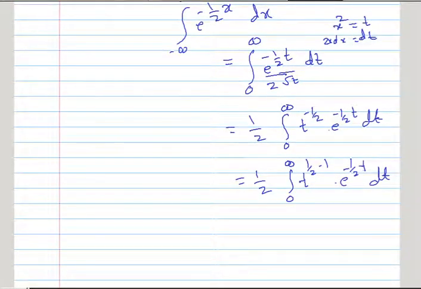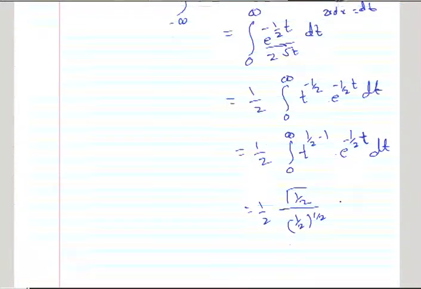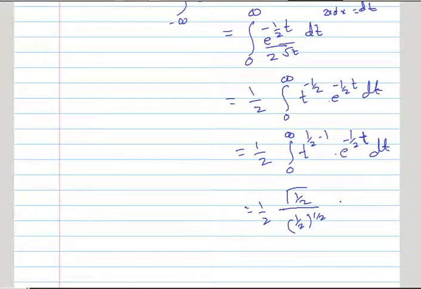Integration of e raised to minus t into t raised to n minus 1 dt is nothing but the gamma function. So it will be the gamma function of 1 half, but here it has to be e raised to minus t only, and here a coefficient is there, so this quantity will be raised to that coefficient. So 1 half raised to 1 half. This gamma 1 half is nothing but root pi.